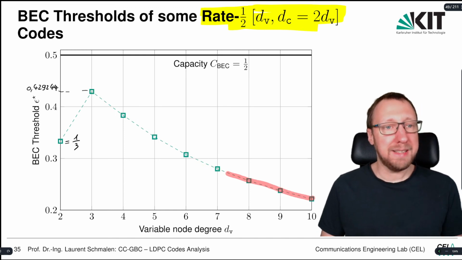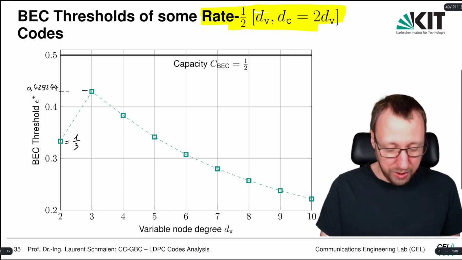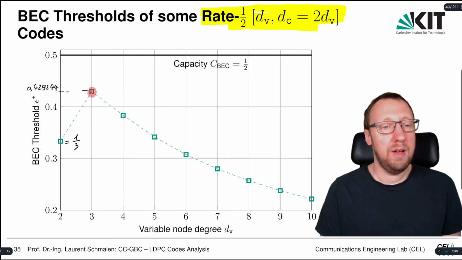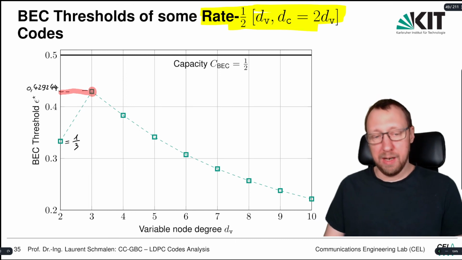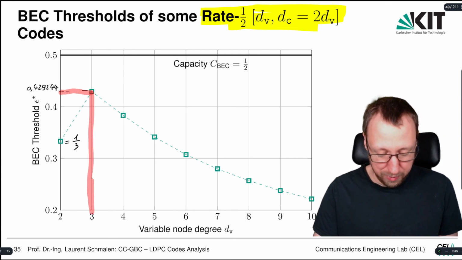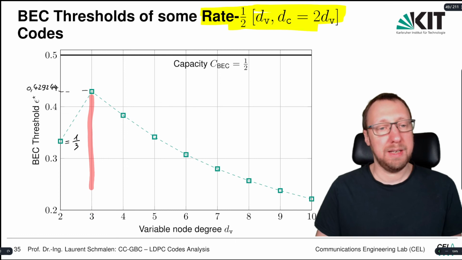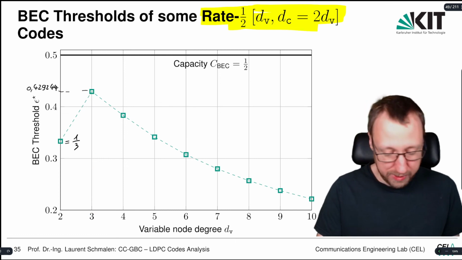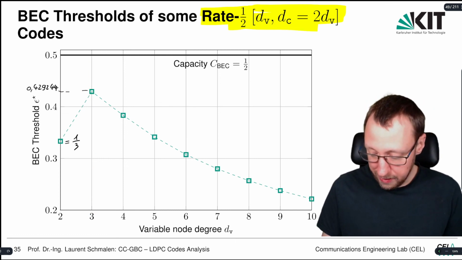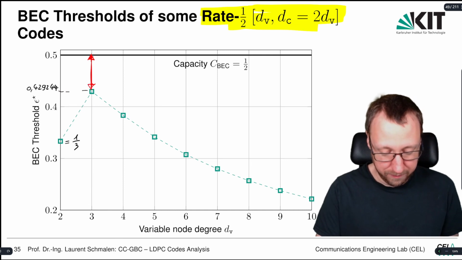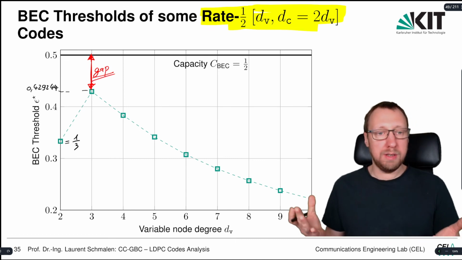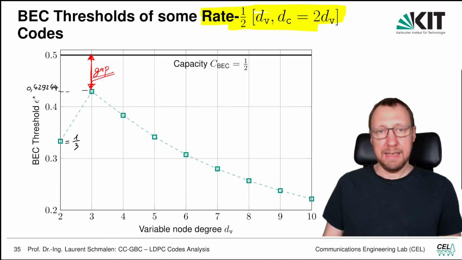So the best code on the binary erasure channel has a threshold of 0.4292. The best parameters are 3 and 6, so variable node degree of 3 and check node degree of 6. But we still see that there is a significant gap to the capacity here. This is a gap that we will close soon, but it still exists.